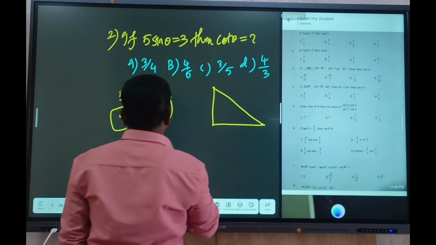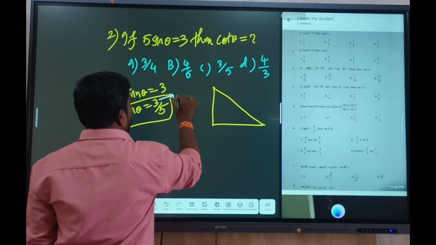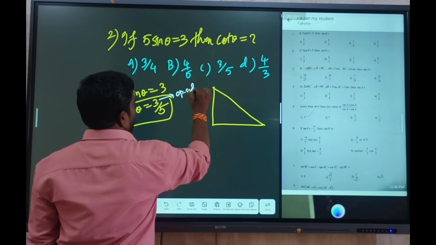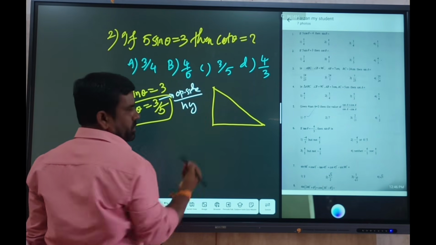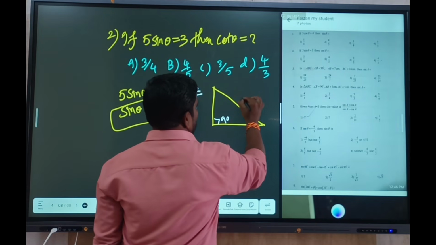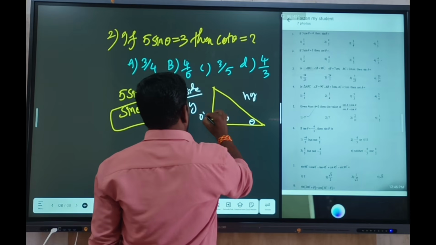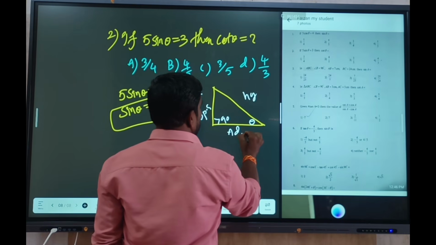The sin theta formula is opposite side by hypotenuse, which we already learned. Here 90 degrees, exactly opposite is the hypotenuse. Theta exactly opposite is the opposite side, and this is the adjacent side.